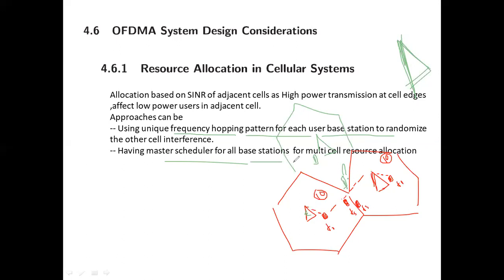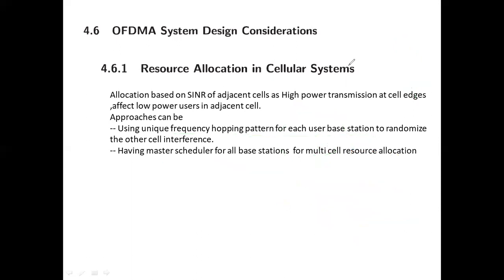So having a master scheduler which knows which frequencies in which cell users are going to create troubles, and avoids the situation by allocating resource blocks in a smart manner. That was the second idea.